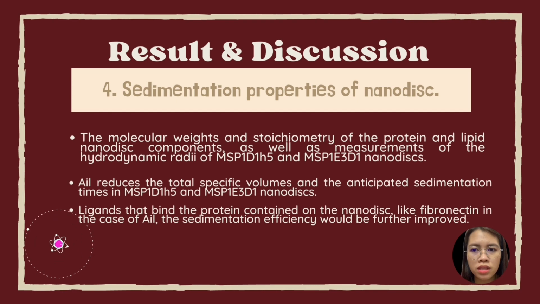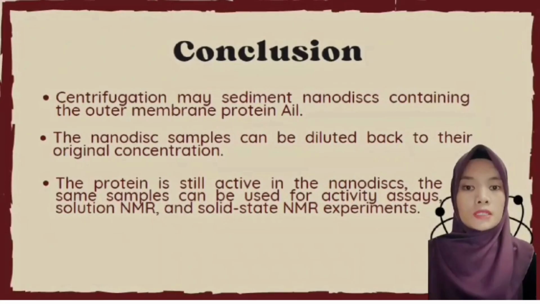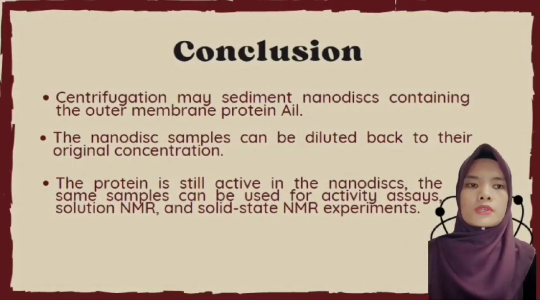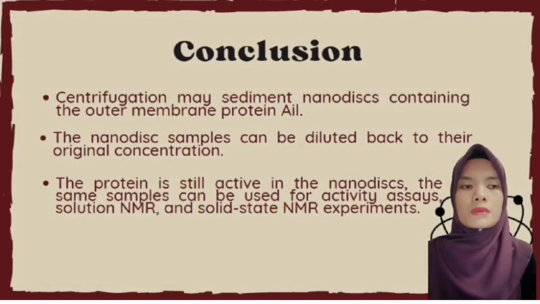L reduced the total specific volume and the anticipated sedimentation time in MSP1D1H5 and MSP1E3D1 nanodisc. For a ligand that binds the protein contained on the nanodisc, like fibronectin in the case of L, the sedimentation efficiency would be further improved.